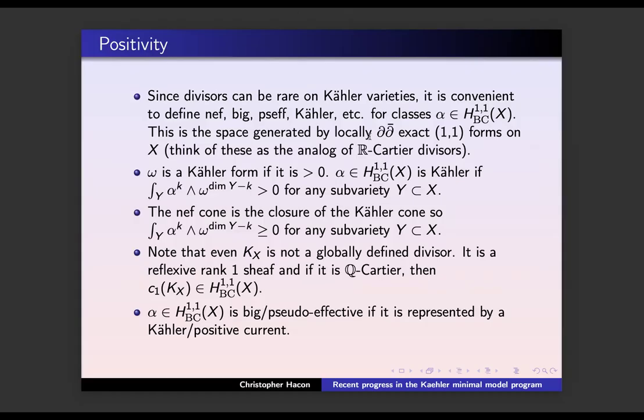We want to consider classes locally given by exact (1,1) forms. On smooth varieties, you can just talk about closed (1,1) forms, but on singular varieties, you want to actually impose this extra condition. And you should think of this as the analog of the Cartier condition that we need to impose for divisors.